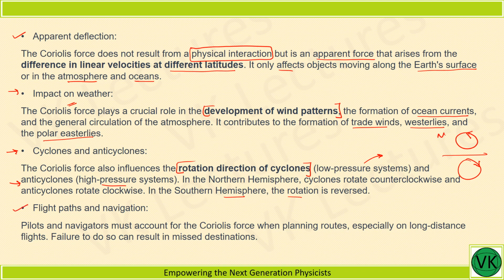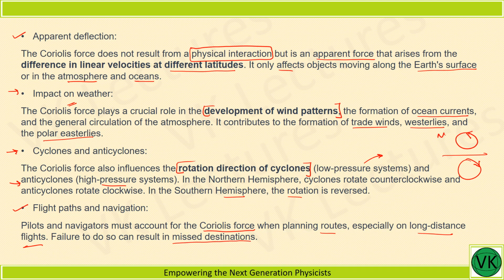The flight path, that means the aeroplane path and navigation. The pilots and navigators must account for the Coriolis force when planning routes, especially for long distance flights. Failure to do so can result in missed destinations.